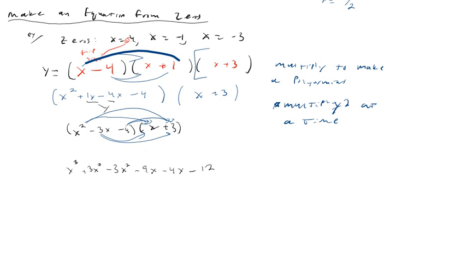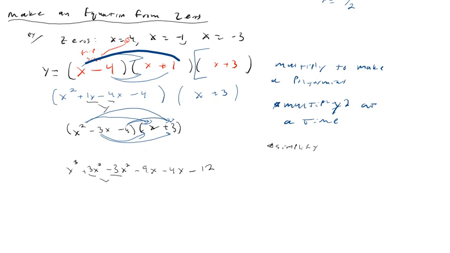So multiply 2 at a time, and then simplify. Simplify just means combine like terms. So here's my 3x squared minus 3x squared. These two are actually going to go away. Plus 3 minus 3, that cancels out.